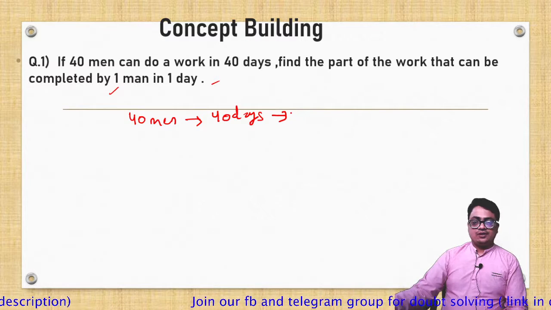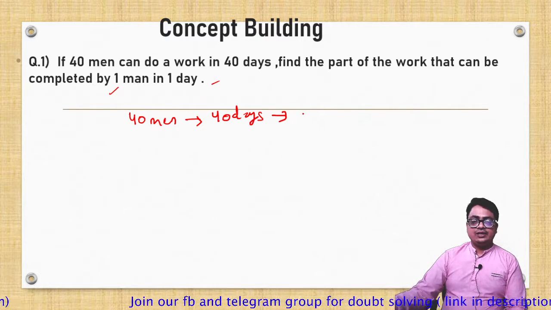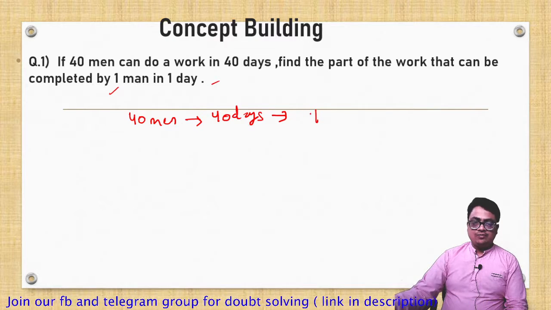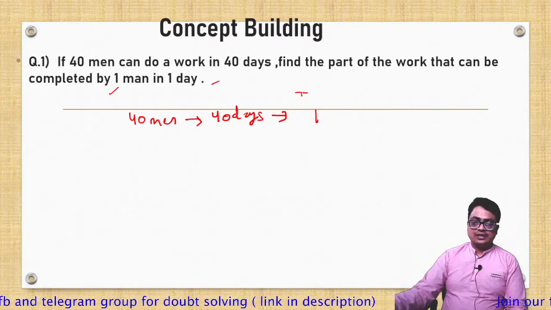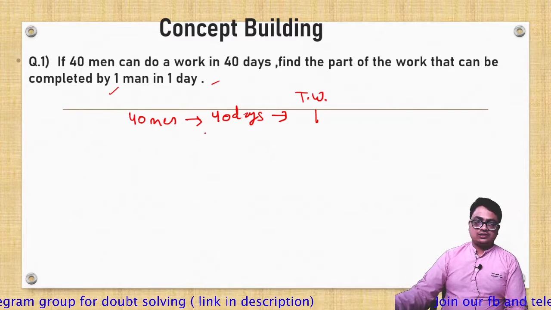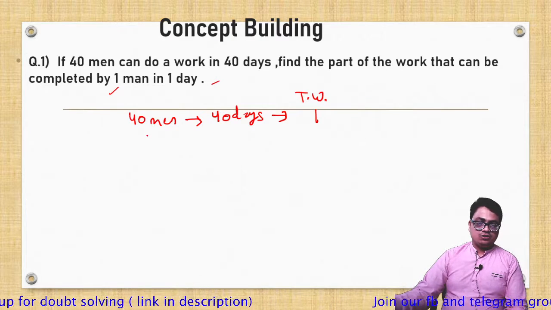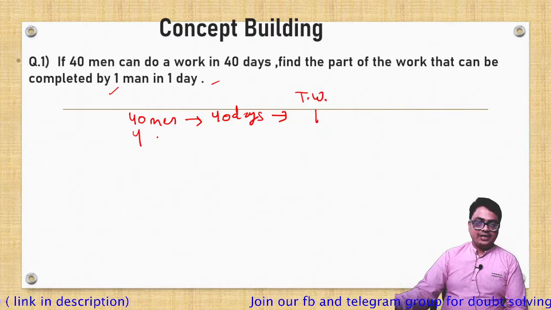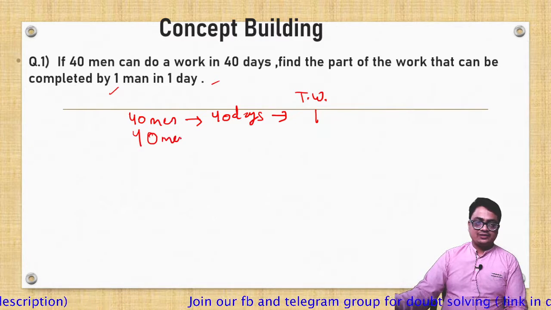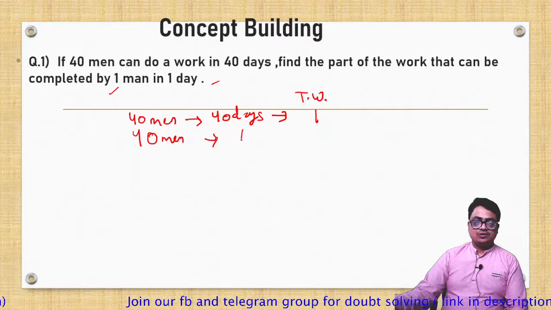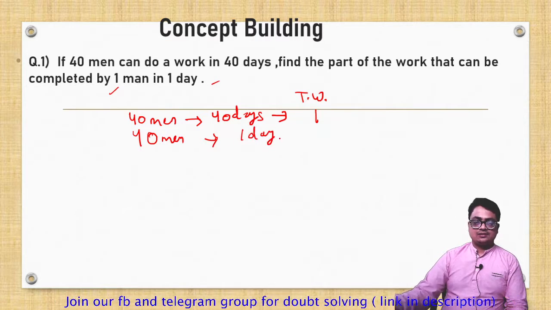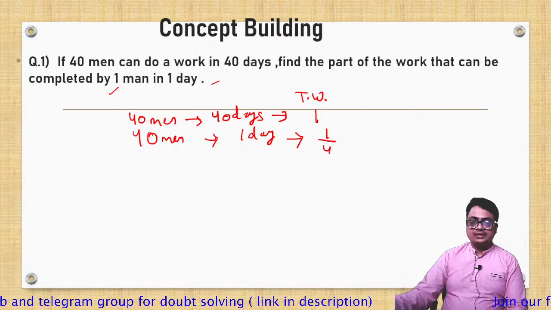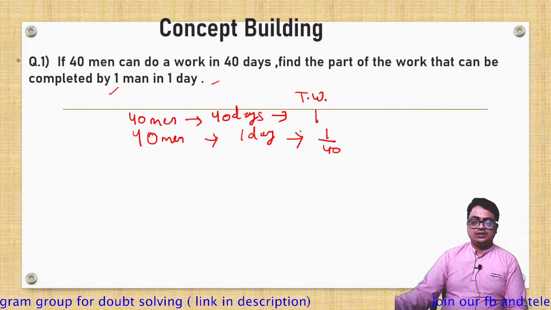In the unitary method, we learned that the total work is 1. How much work will be done by 40 men in 1 day? It will be 1 by 40th of the work. This is what we got.